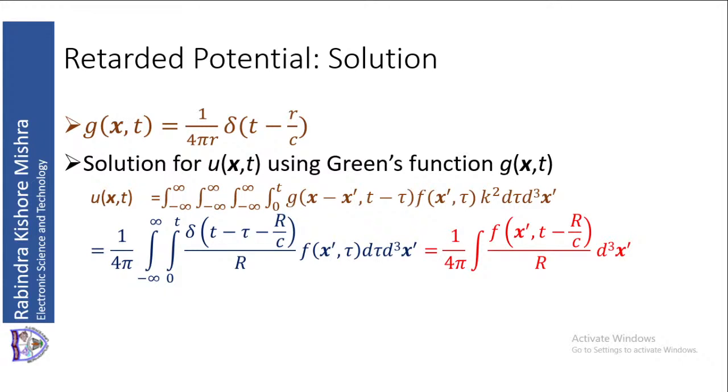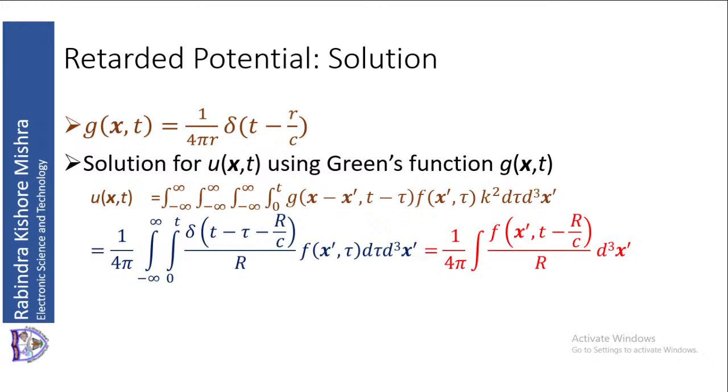As you know, the integration of delta of x minus x0 times f(x) is equal to f of x0. Using that property, this integration will be 1 by 4 pi integrated over x dash from minus infinity to infinity, of F(x dash, t minus R by c) divided by R. So this is U(x,t).